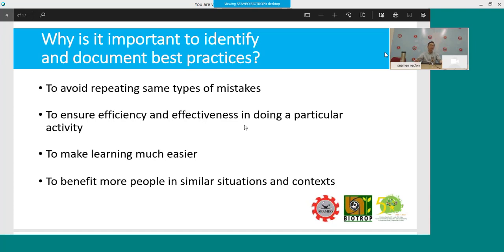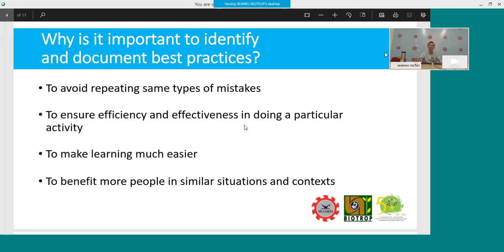And if we don't commit any mistakes, it means that we are working efficiently on our urban agriculture activities. And working efficiently would also mean that we can be very effective in coming up with the desired outputs, like the harvest, no pests, and so on and so forth.